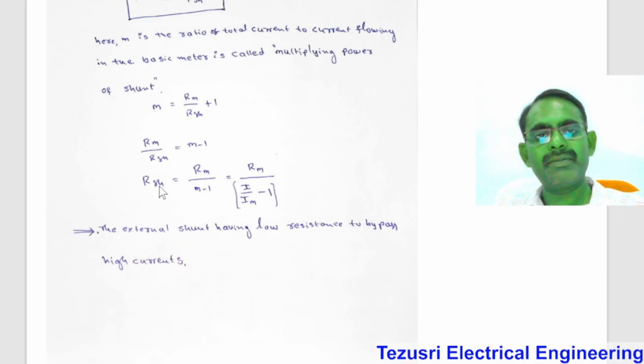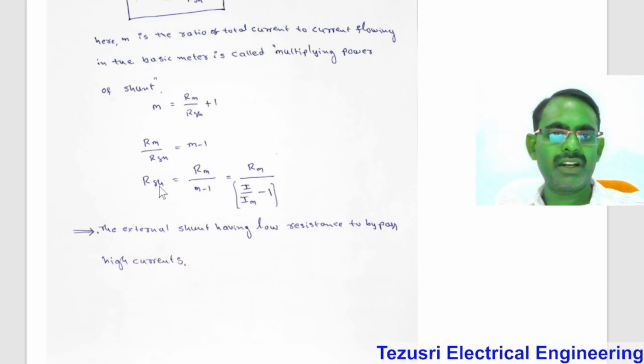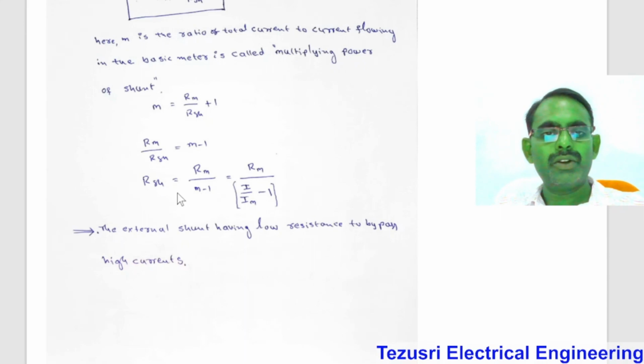Therefore, these currents are bypassed through the shunt resistance. RSH is nothing but basic meter resistance by M minus 1. Here M, the multiplying power of the shunt, is nothing but total measured current by basic meter full scale deflection current.